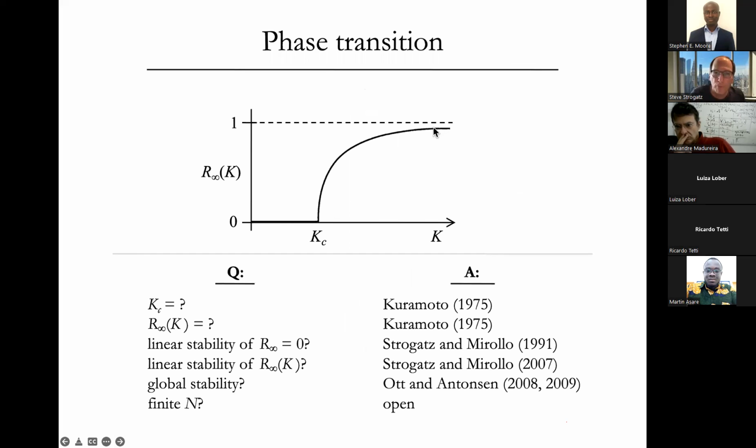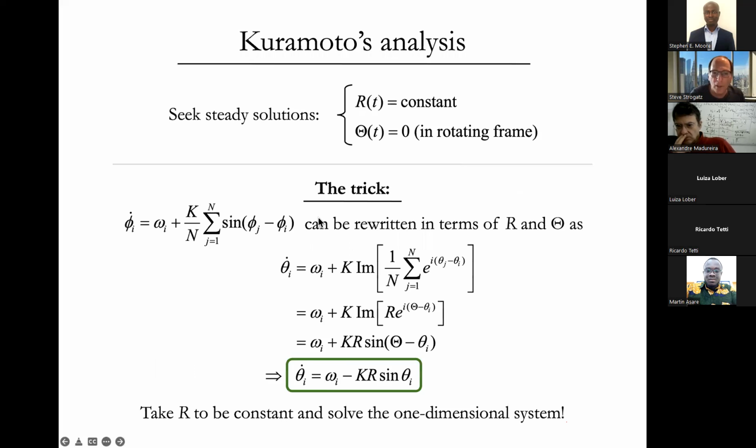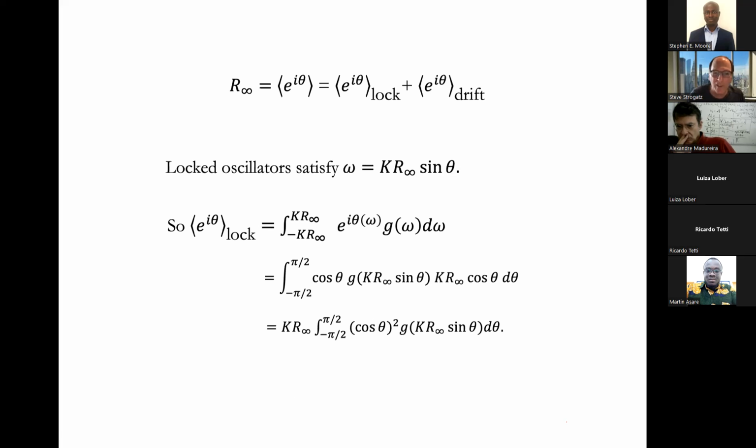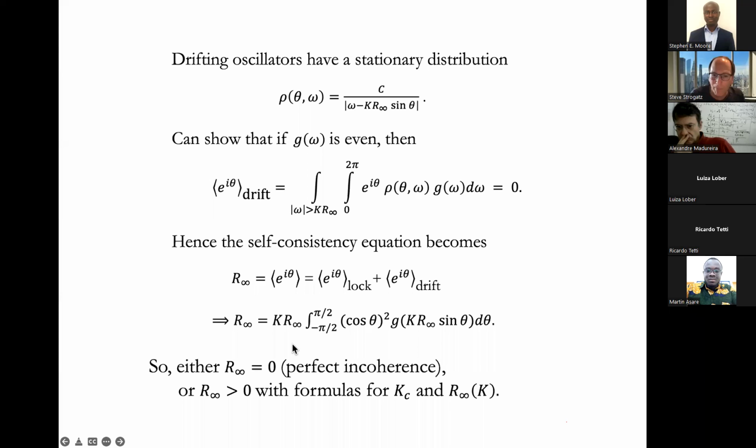If I follow this branch all the way back down to here, it's like tracing R infinity down to 0. So if I go back to this equation and cancel out the R infinity on both sides, 1 equals K, some integral of cosine squared, I would plug in G of 0. And that's just a constant. That's the maximum of that G curve.